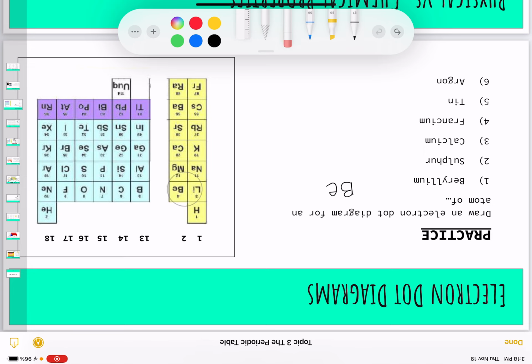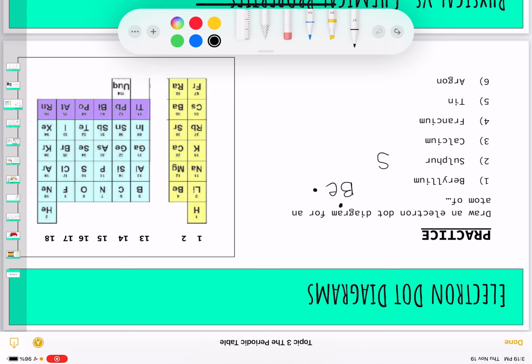Sometimes people make a mistake and say, well, it's number 4 in the periodic table, so it has 4 electrons. It does have 4 electrons, but we're only looking at the ones in the outer shell. To figure out the outer shell, we just count left to right. So 1, 2. There's actually only 2 on this one. We start at the top and go around. That's 1, 2. That is beryllium.